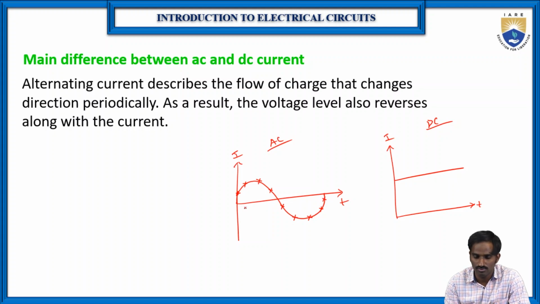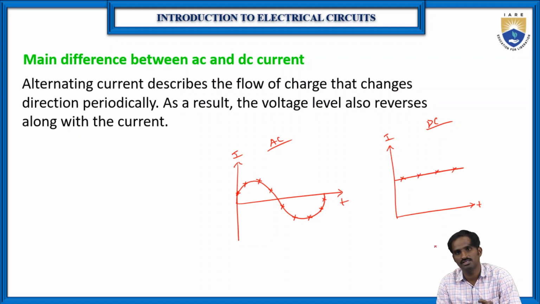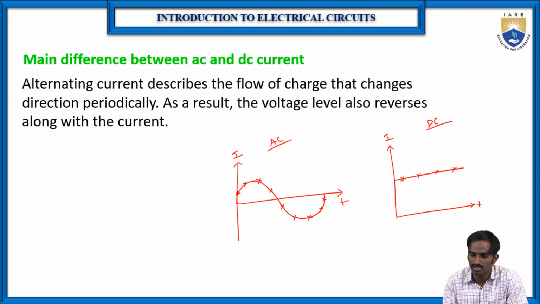But in DC, it doesn't have any direction, because it only has magnitude and polarities. So in DC the magnitude is always constant with respect to time. That is the major difference between AC and DC.